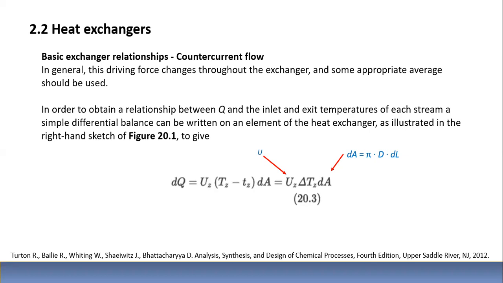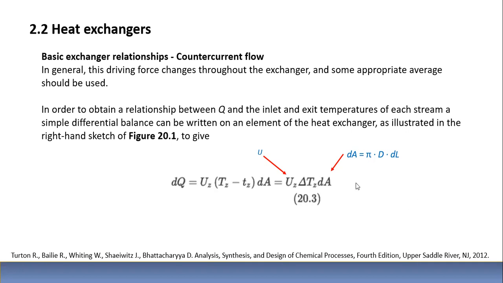So it is true that the pipe is full of water, correct? So that is correct. But only the wetted perimeter has exchange of heat with the other side where the steam is condensing. So that will be pi times D times the differential of the length along the exchanger.